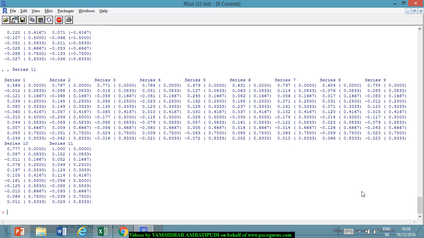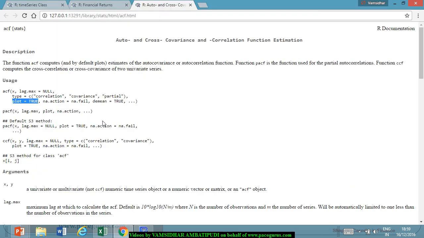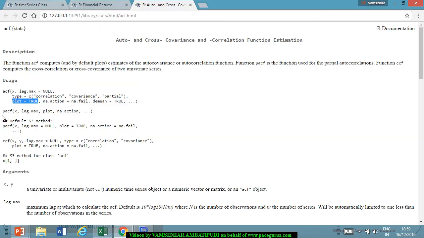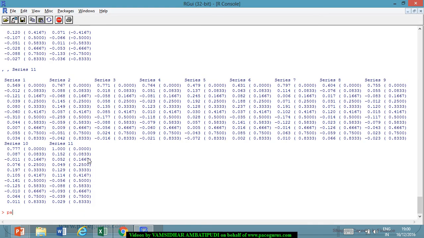So that's one reason we can directly say that the correlations are much lower. But at the same time, I can go with the partial autocorrelation function, where I take the index returns, and I can still set plot to false.